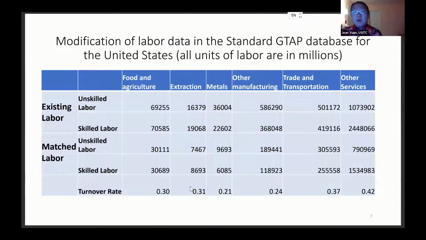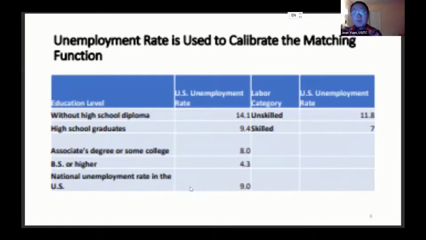And this is how the labor data in GTAP is modified in order to match the framework of the GTAP labor model. As you can see here, for both the unskilled and skilled labor, it is further divided down between existing and the matched labor. And then this is the US data. It was split using the labor turnover data from the Bureau of Labor Statistics, the BLS.